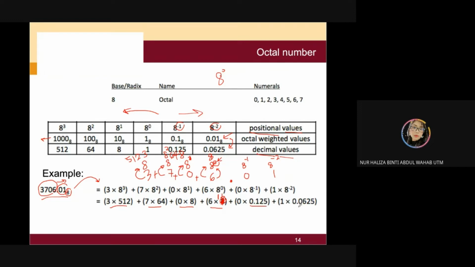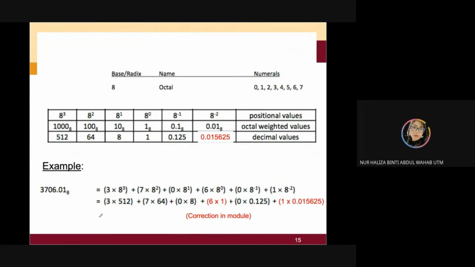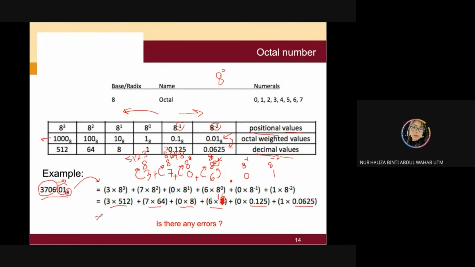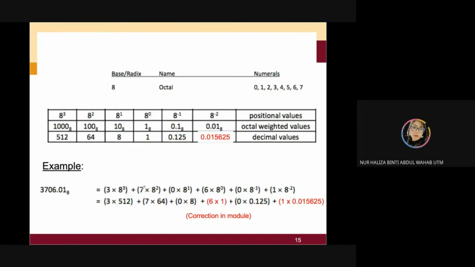And 1 times 0.625 for the 8 to the power of minus 2. So after that, you add all together, and you will get the value. So this one, maybe in your module, you need to check and please correct the value similar to this part.